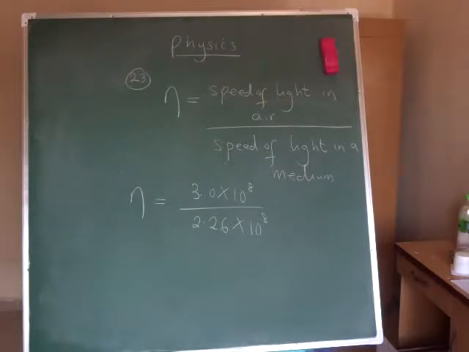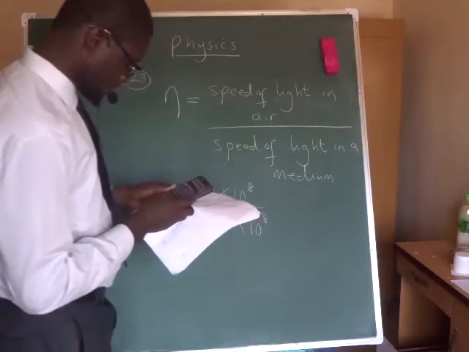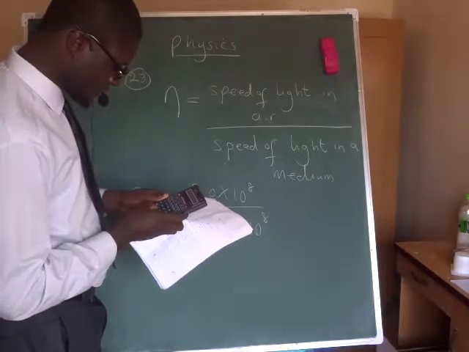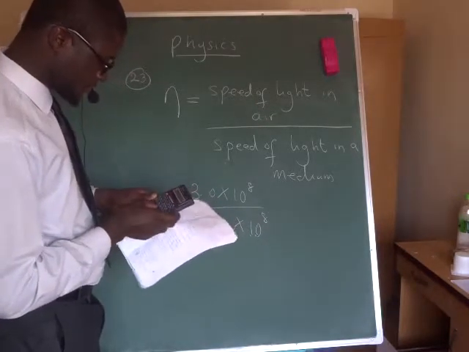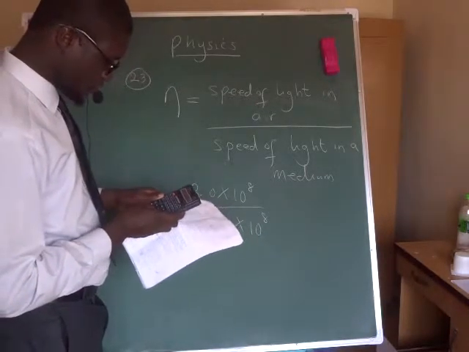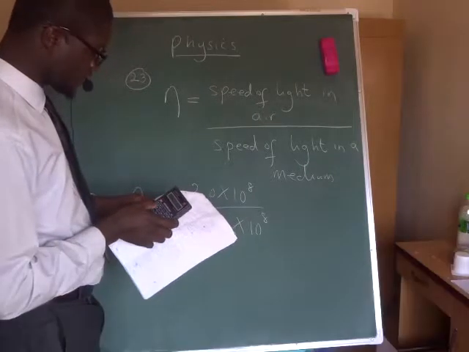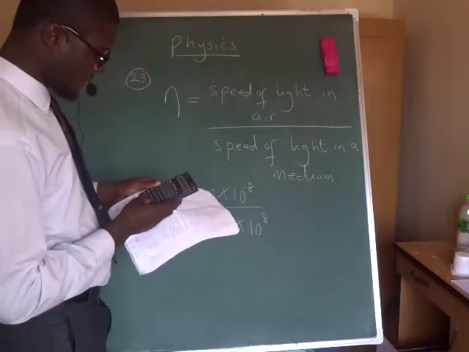So let's see. 3.0 exponential 8 divided by 2.26 exponential 8.